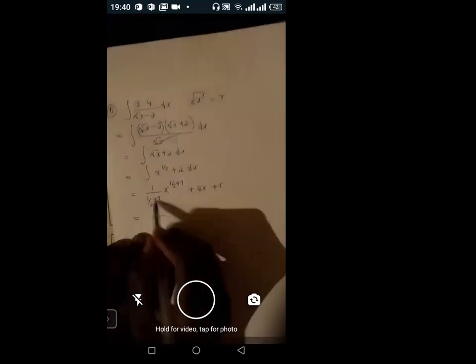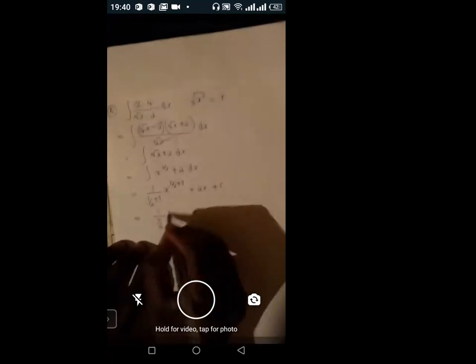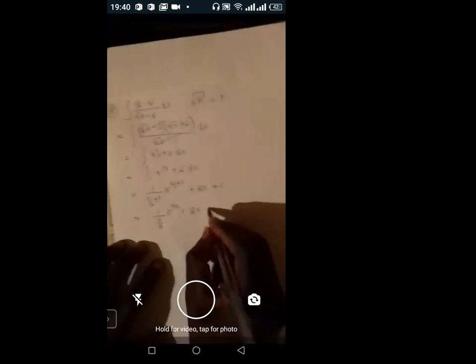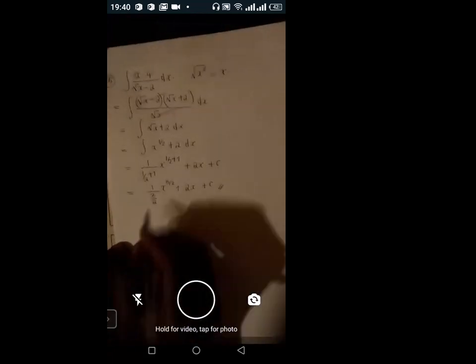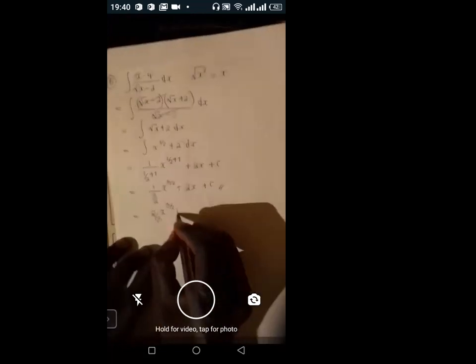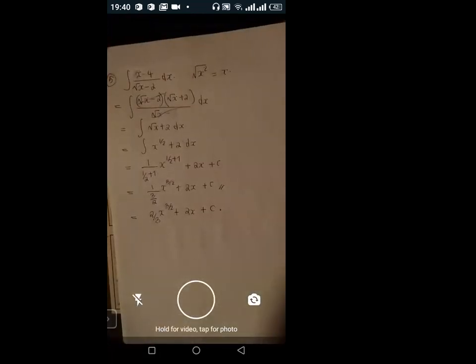So this one is 3 over 2, x to the power 3 over 2, plus 2x, plus c. So this is equal to 2 over 3 x to the power 3 over 2 plus 2x plus c. That's what you have.